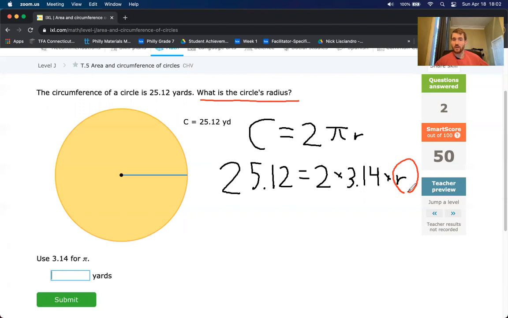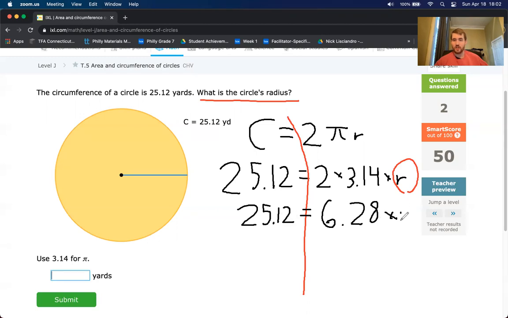What is r? So we're going to need to do a bit of algebra here to get r all by itself. So the first thing you can do is simplify this. 2 times 3.14 is 6.28. And that is equal to 25.12. Excuse me, 6.28 times r is equal to 25.12.